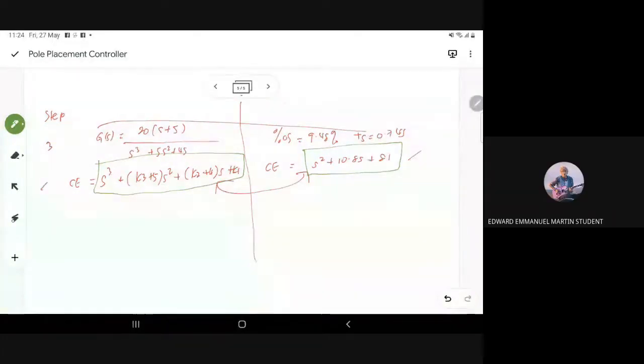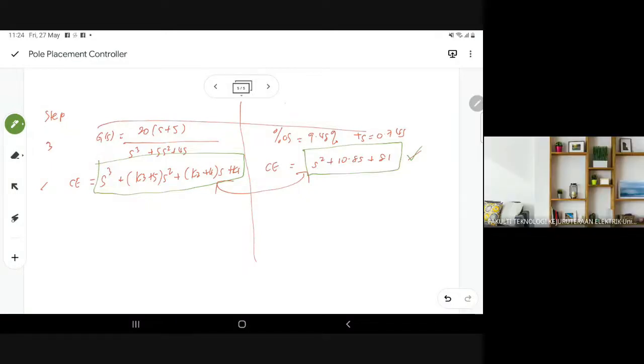Yes. Once again, what is the answer? Yes, because we can get the value of s squared and k1. Okay, all right, good try. The answer is, they cannot be compared.